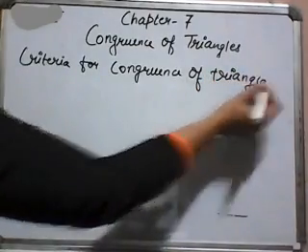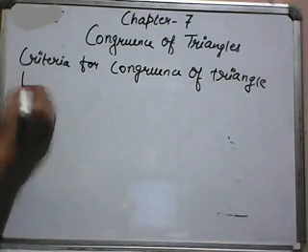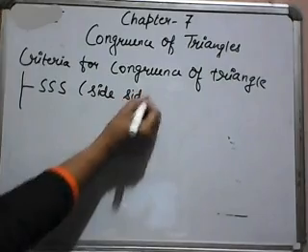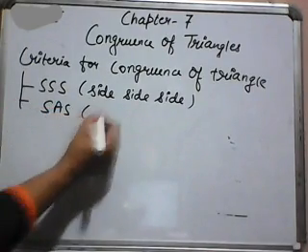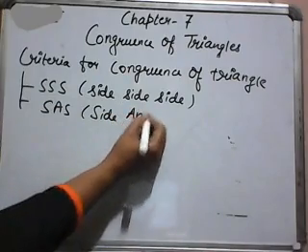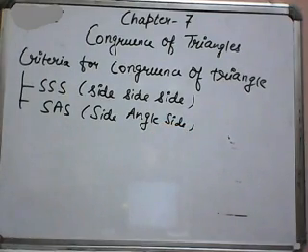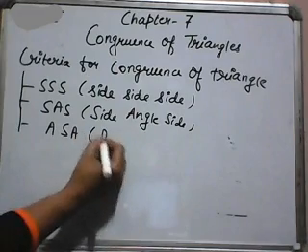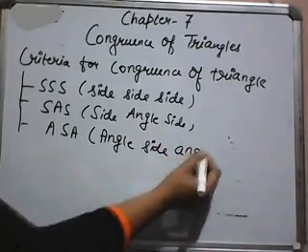Suppose we have to check whether these two triangles are congruent or not. We can check by using criteria. We have first criteria SSS, which means side, side, side criteria. Next one is SAS, side angle side congruence criteria. Third one is ASA, angle, side, angle congruence criteria.